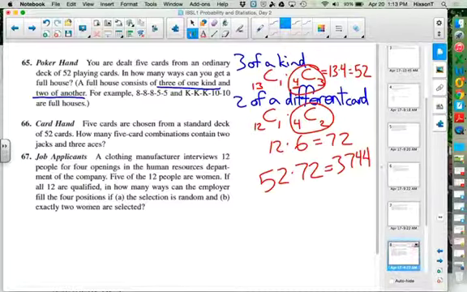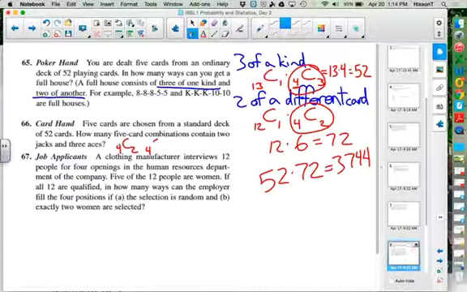Alright, now let's see. 5 cards are chosen from a standard deck of 52 cards. How many 5-card combinations contain 2 jacks and 3 aces? Well, here's the thing. 2 jacks, we need 2 of the 4 jacks, right? So it'd be 4 choose 2. We need 3 out of the 4 aces.